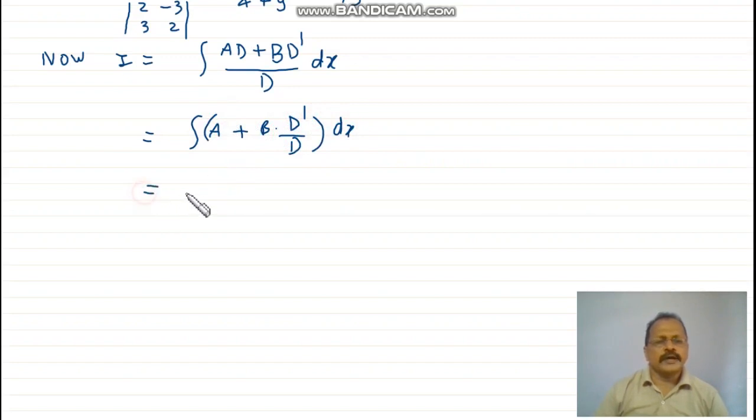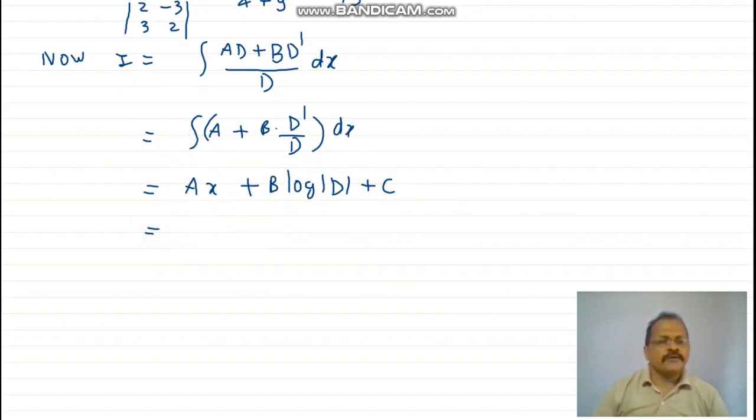I am going to write directly equal to ax plus b log|D| plus c. Here there is no question of c1 as in the previous generalization.